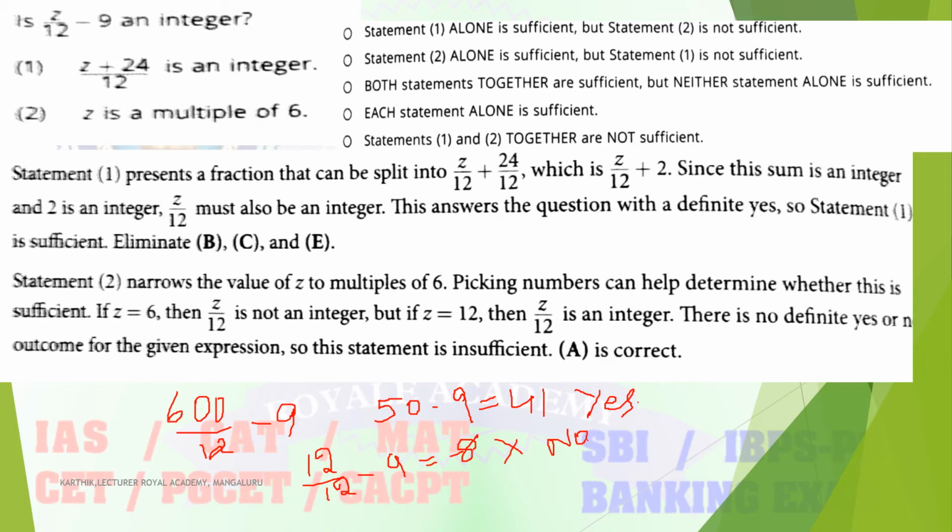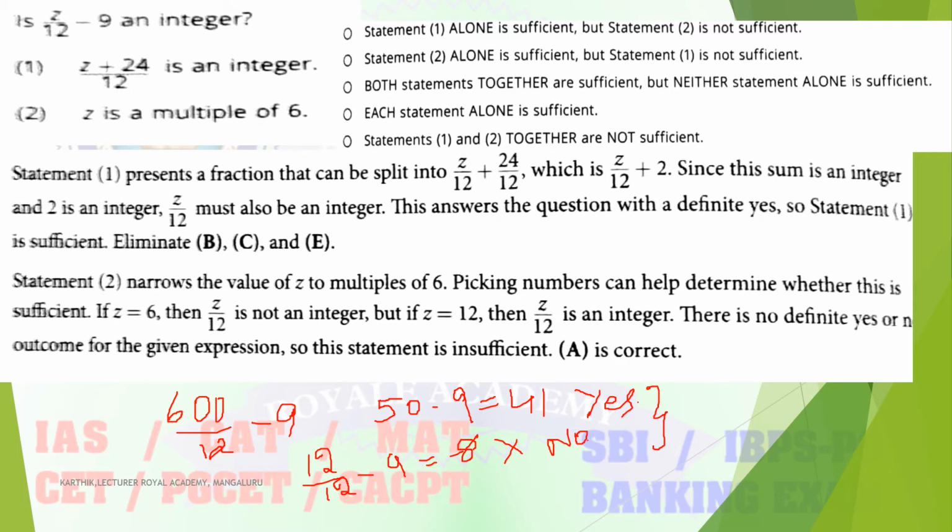If you take z as 600, you get yes. If you take z equal to 12, which is also a multiple of 6, you get no. So from the second statement it is not possible to find the answer.